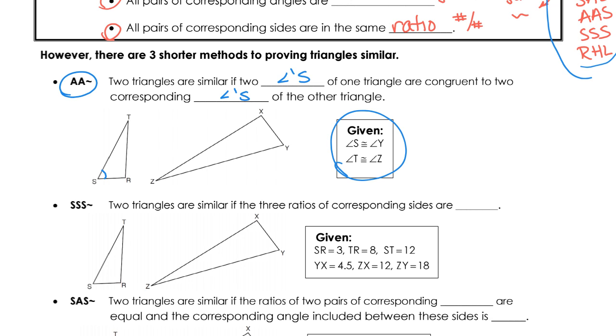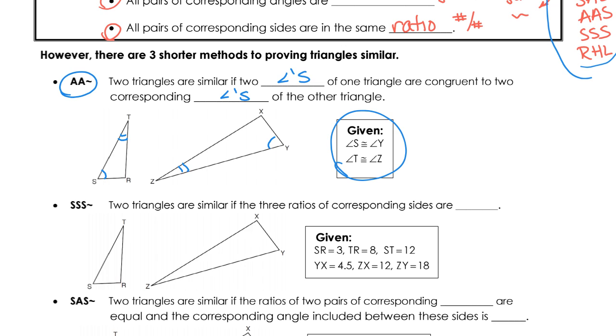Angle S is congruent to angle Y, so they get an arc mark. And angle T is congruent to angle Z. So they'll get two arc marks, okay? Because triangles have to have 180 degrees inside of them, if two of the angles are already congruent, that means the last angle has to be congruent, right?